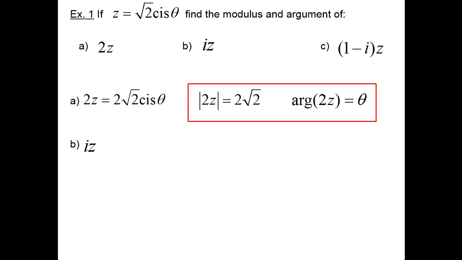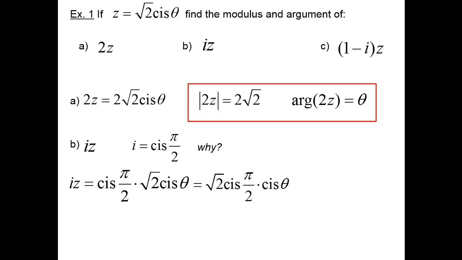How about for iz? Start by writing i as a polar number. That would be cis pi over 2, and think about the reason for that. The modulus would just be 1 because it's i. And if it's just i, it's on the positive part of the imaginary axis. So the argument would be pi over 2. So we're going to put that together with z, which is the radical 2 cis theta.